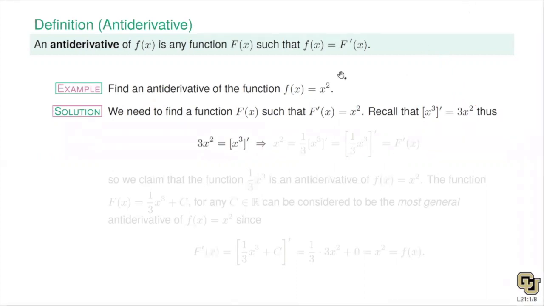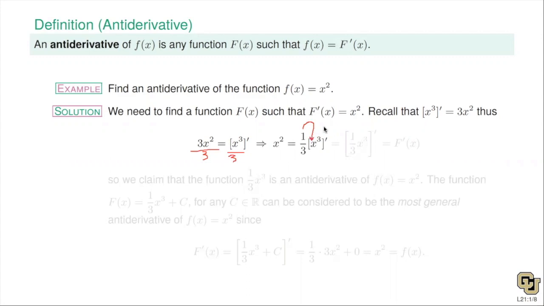So here, 3x squared, as you know, is the derivative of x cubed. Now what I want to do is divide both sides by 3. Since 3 is a constant, we can just divide both sides by 3. I get x squared is equal to 1/3 times the derivative of x cubed. And now my final little trick is to take the 1/3 and bring it inside the derivative.